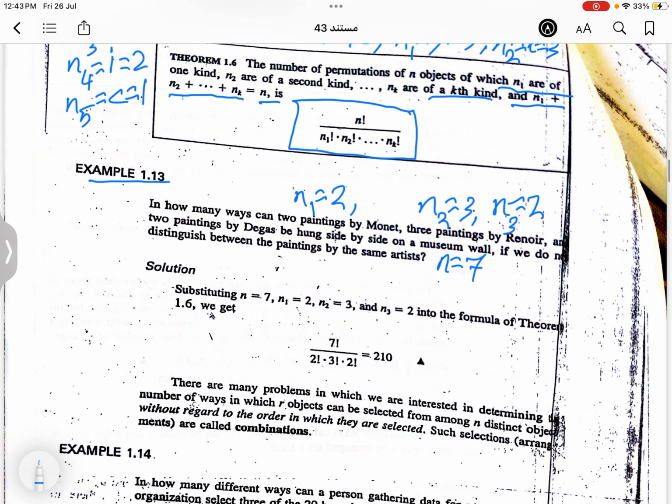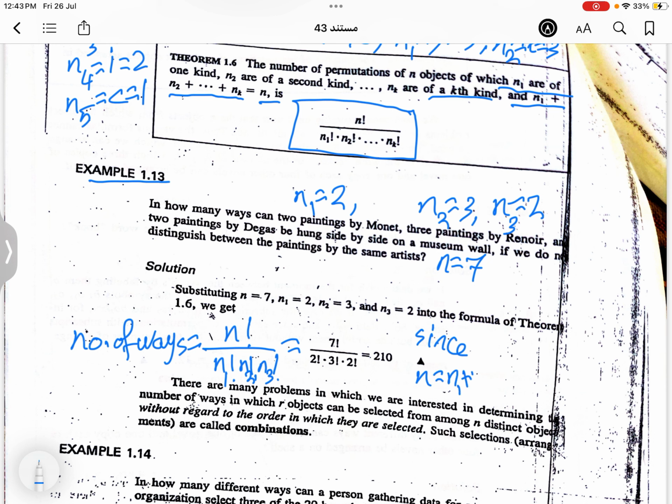The number of ways equals n factorial over n1 factorial, n2 factorial, n3 factorial, since n equals n1 plus n2 plus n3, which is 7. So 7 factorial over 2 factorial multiplied by 3 factorial multiplied by 2 factorial is 210.